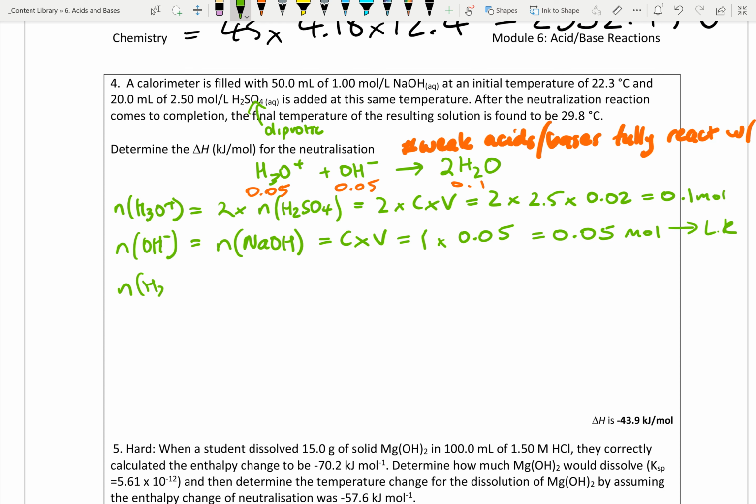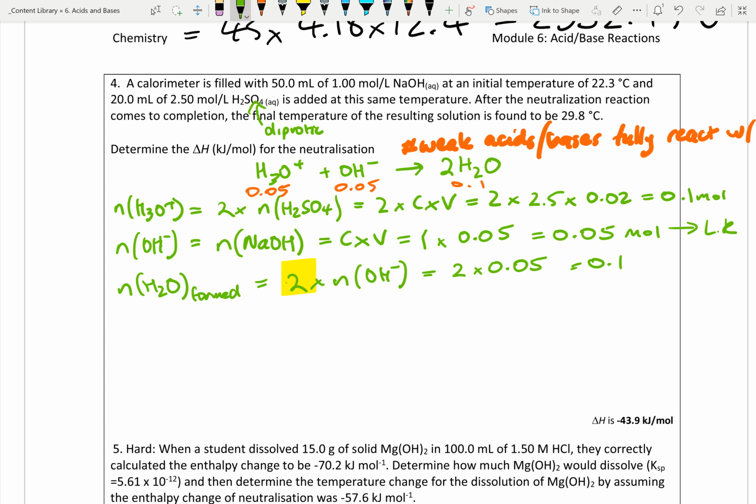And so the moles of water formed or produced is going to be equal to 2 times the moles of my limiting reagent, equals 2 times 0.05. And you might notice I didn't really do this step last time, so just to finish this off, 0.1.